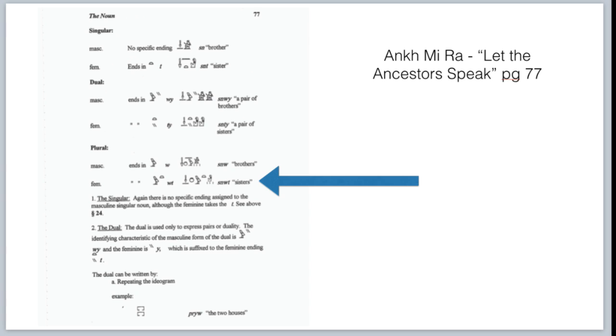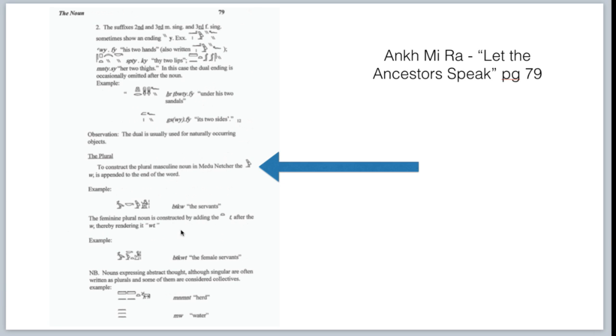Ankh Ra goes on, on page 79, to elaborate. He says to construct the plural masculine noun in Medu Neter, the quail chick W is appended to the end of the word. He gives an example, Baku, for servants.